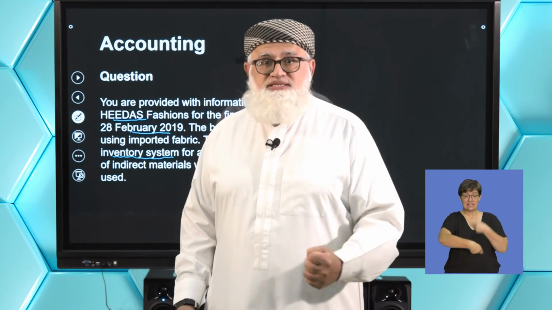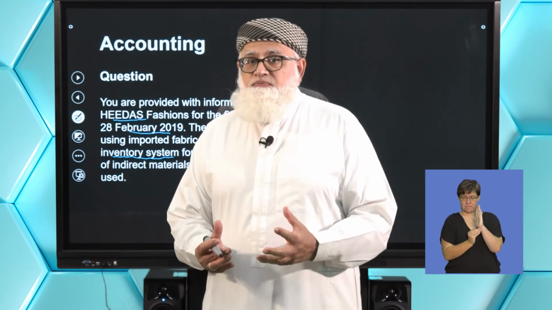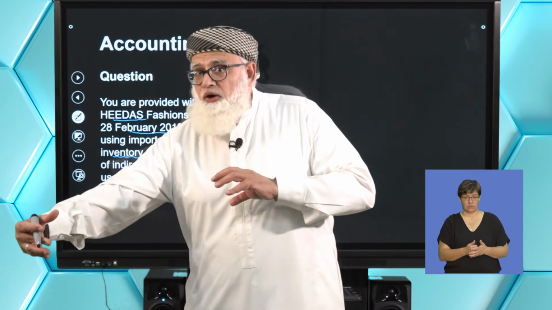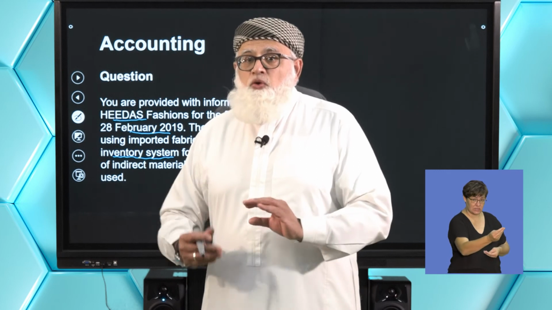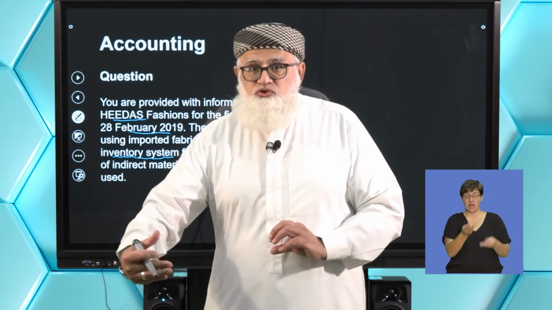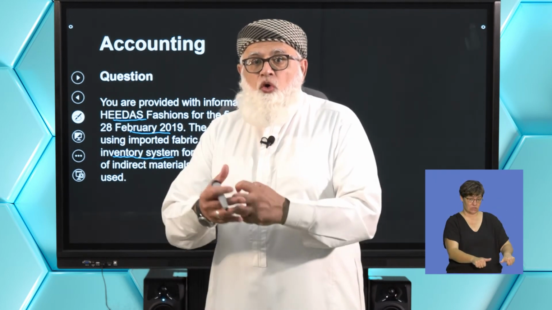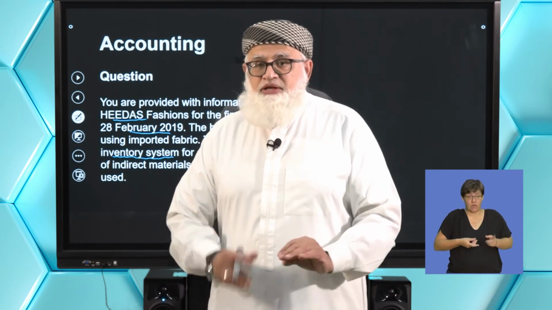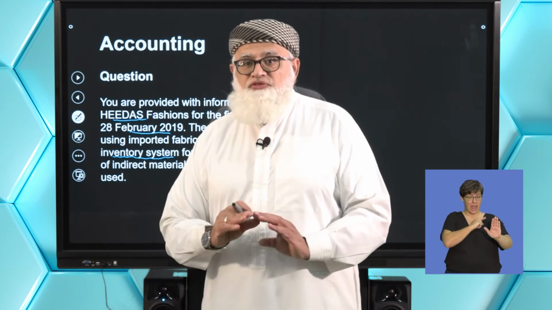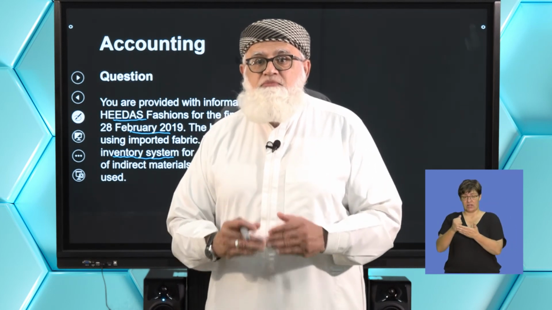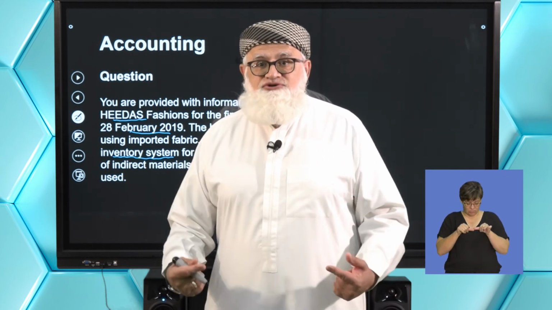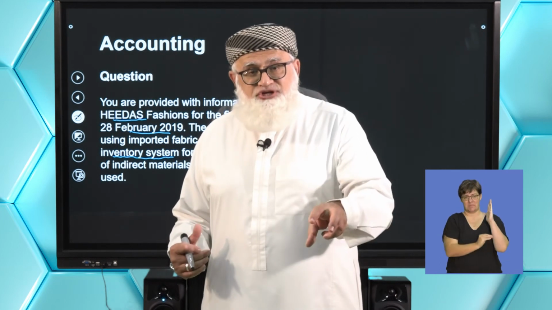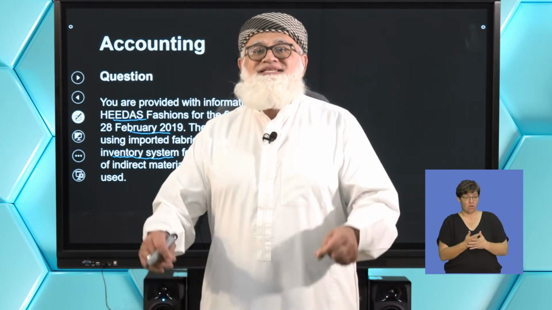In other words, when we're dealing with the trading stock account, we are keeping a record of all the stock coming in, remember, on the debit side, and all the stock that's leaving on the credit side. Perpetual inventory means continuous inventory. We're keeping a continuous record of, in this case, not the trading stock per se, but the raw materials.